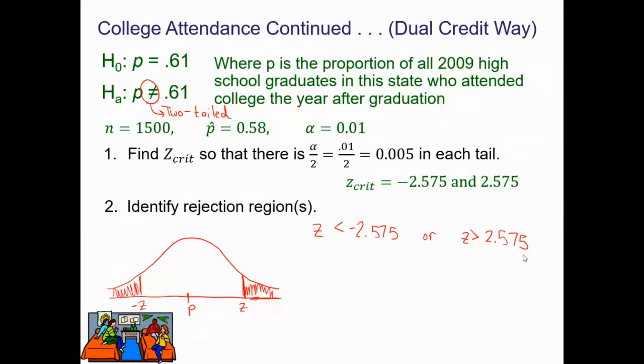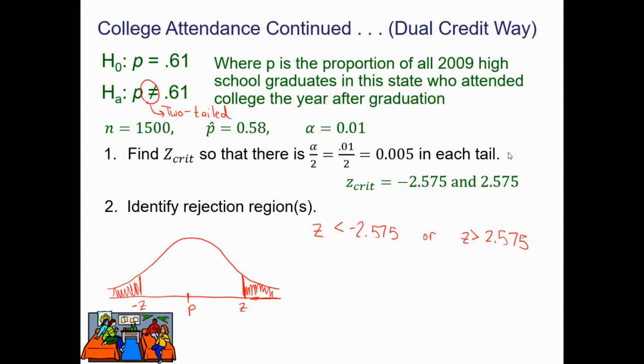And what this means is if we find our Z statistic falls within this region, then we reject. If it doesn't fall within the region, then we fail to reject. Think of it like scoring a touchdown. If you end up in the end zone and it's the one you're headed towards, what happens?